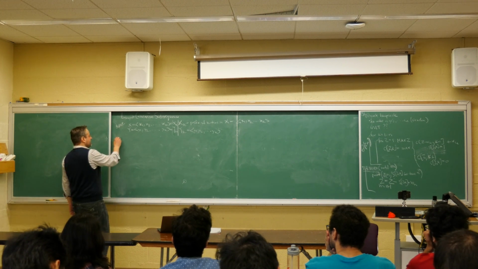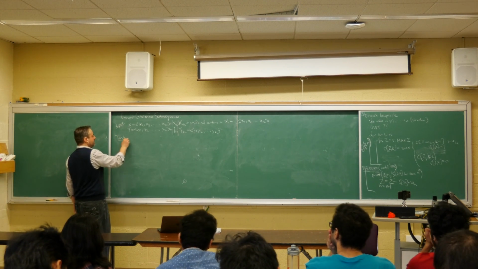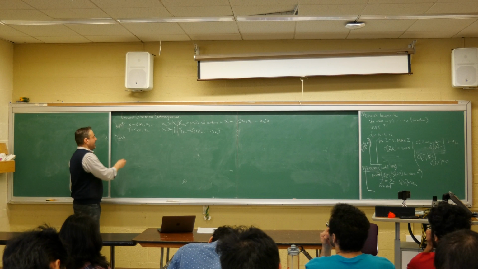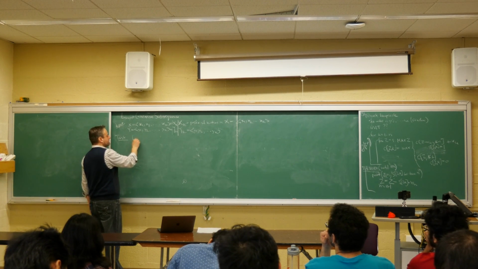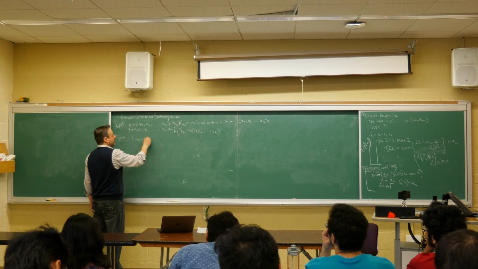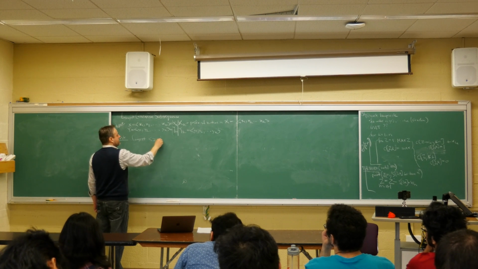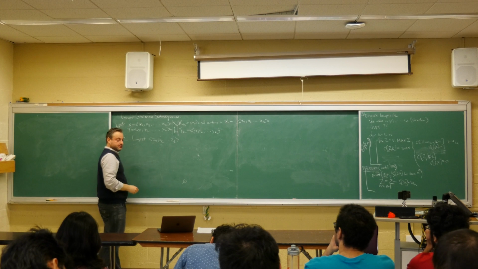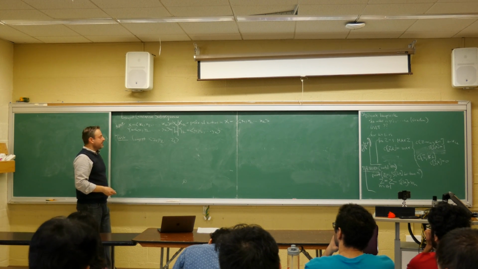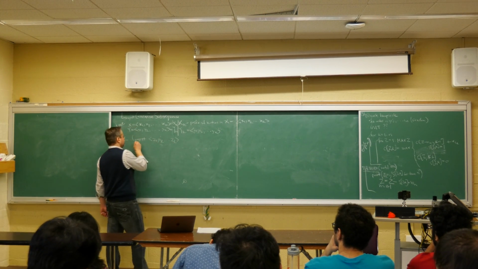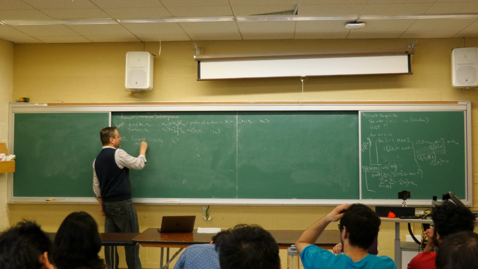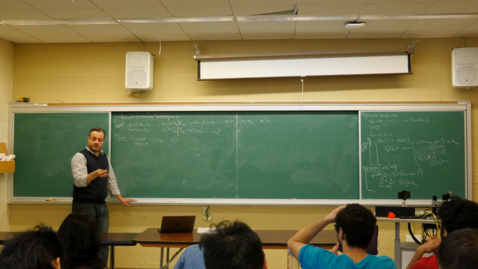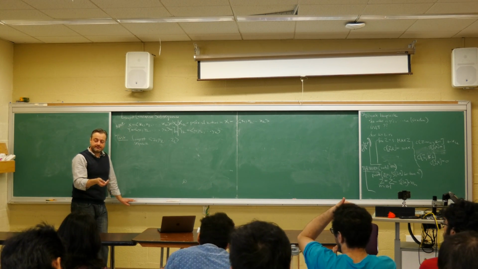So what's the task here? What do I need? I have to find the longest z1, z2, up to zl. This is a sequence. So what's the thing about sequences? Why are sequences different than sets?